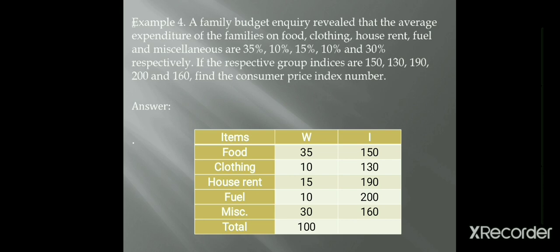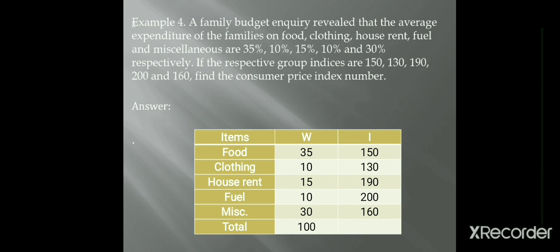That completes the problem. The first step here is to convert this statement problem into a table format. And here the answer part starts. We mention different items in the first column and then the corresponding group index as well as group weights given in the problem. First column heading items is denoted with the entries food, clothing, house rent, fuel and miscellaneous.